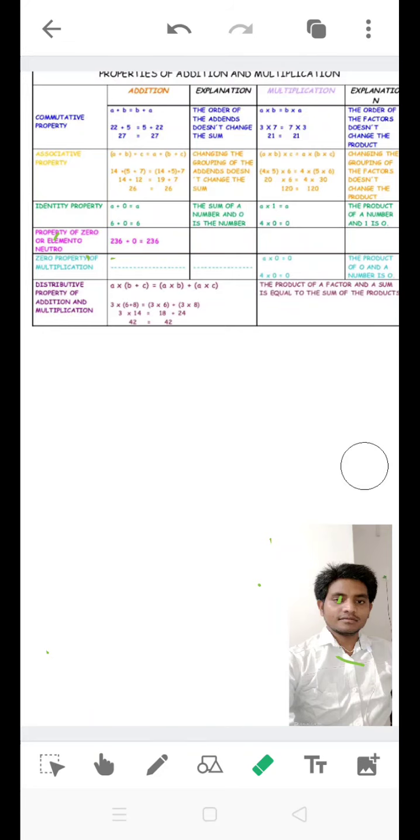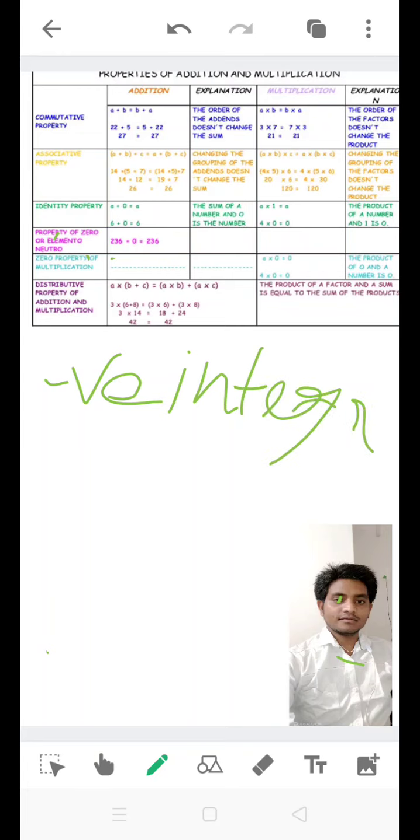And next one is, when we add a negative integer, we move to the left.